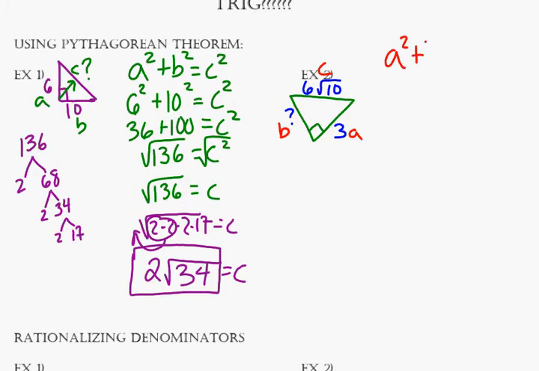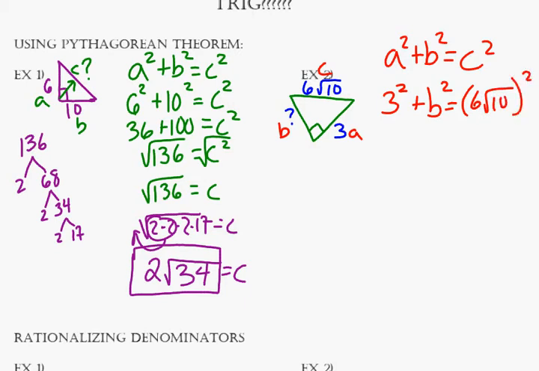So I start with Pythagorean theorem, fill in what I know. That's going to be 3 squared plus the unknown squared equals 6 root 10 squared. Obviously a 9 on the left-hand side and a b squared. Now I have to know that when I multiply 6 root 10 by itself, it's like I'm distributing the squared back to each of my pieces.